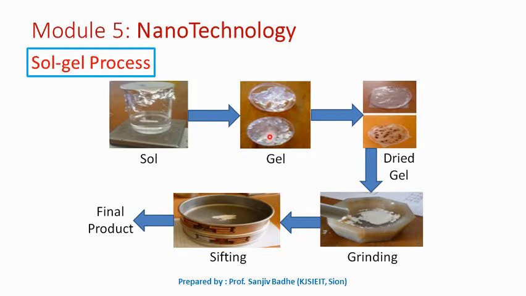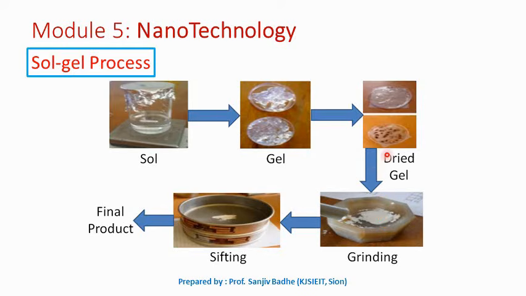In order to get gel-like properties, a significant amount of fluid needs to be removed, and this can be accomplished by a sedimentation process or centrifugation process. The remaining liquid is removed by using a drying process, and what we get is a dried gel.